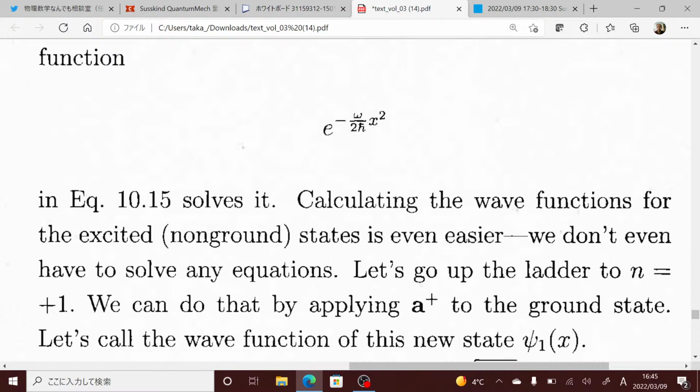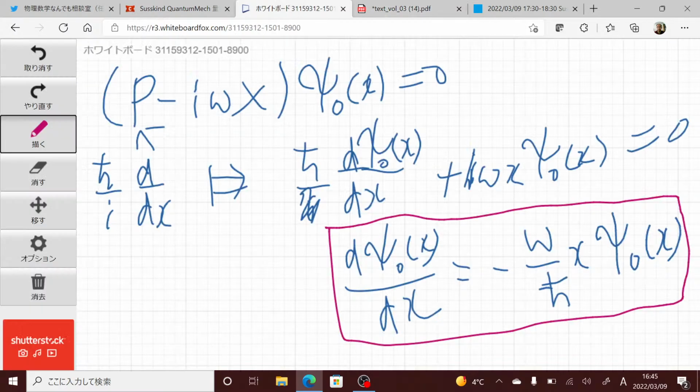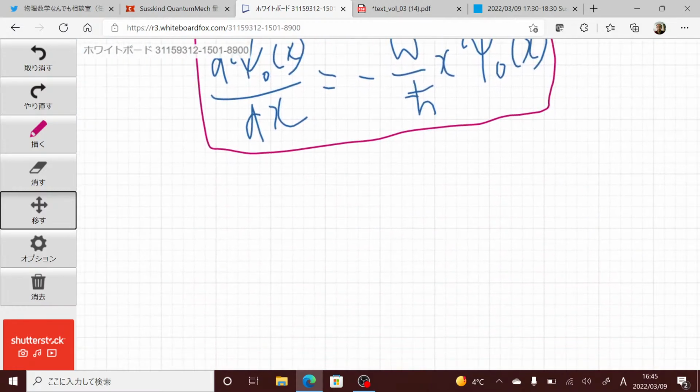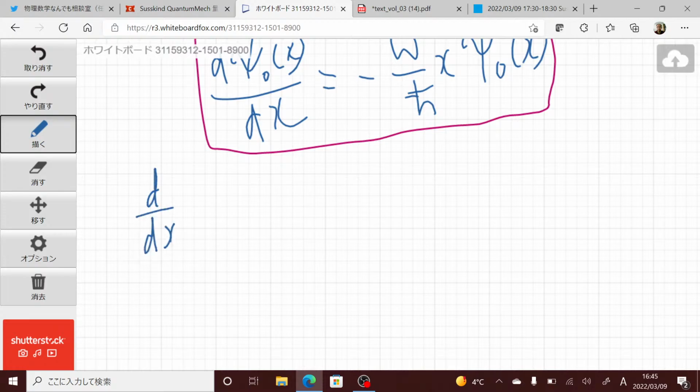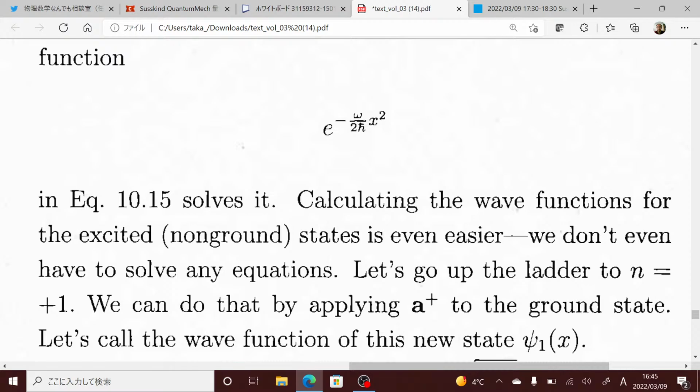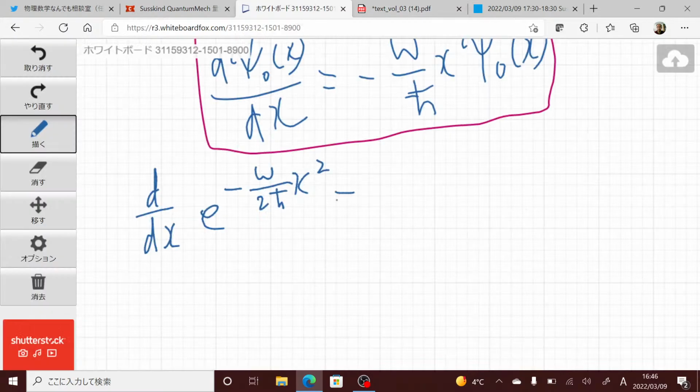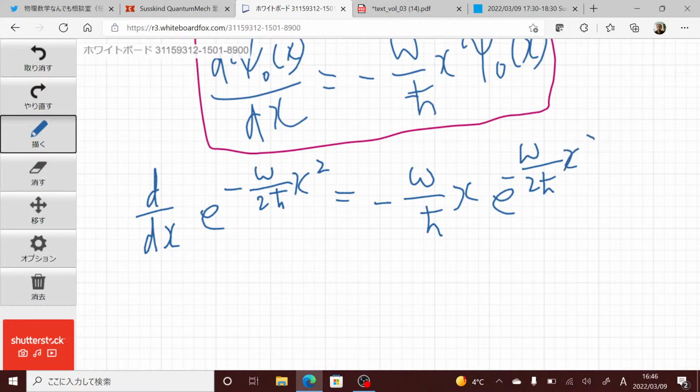Shall we try? Let me see. d/dx of exponential minus omega over 2 h bar x squared. This gives minus omega over h bar x times e to the minus omega over 2 h bar x squared.